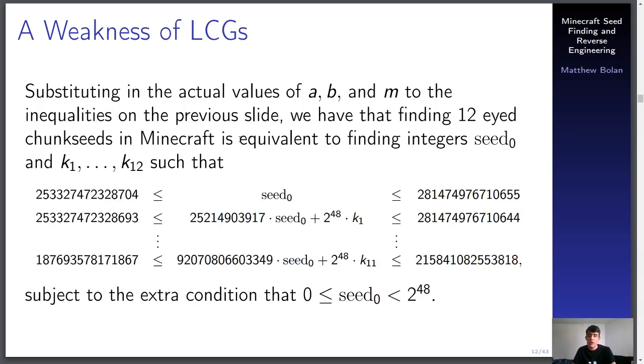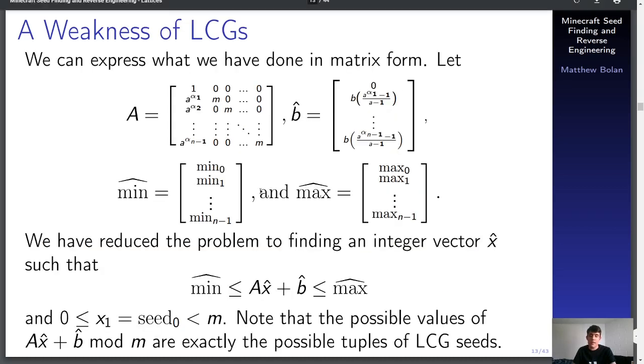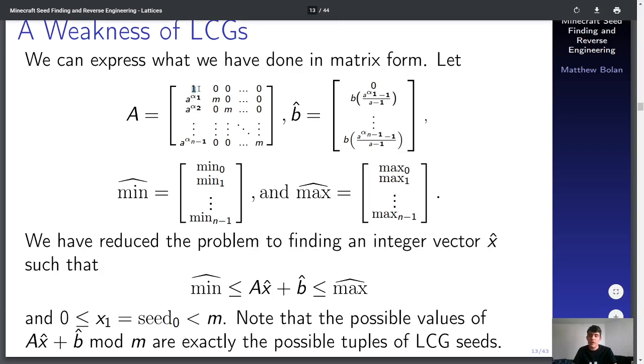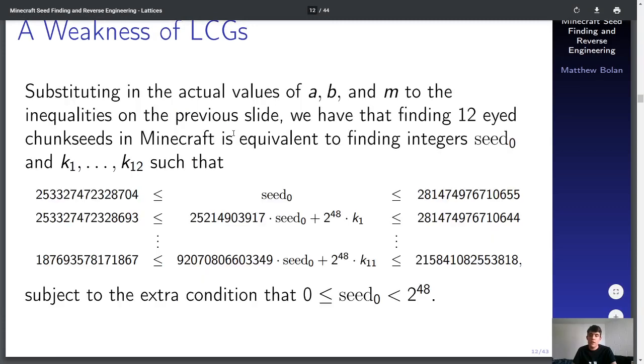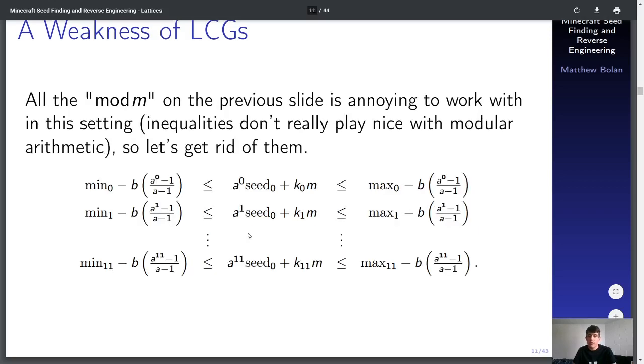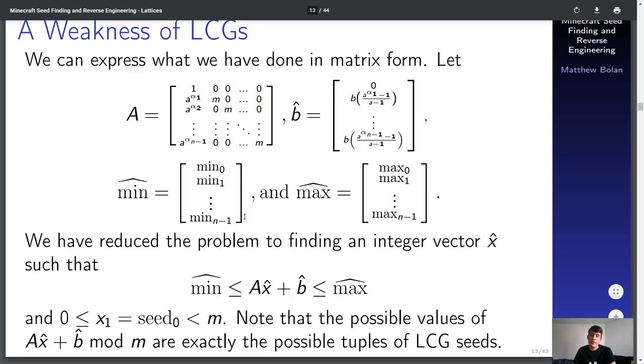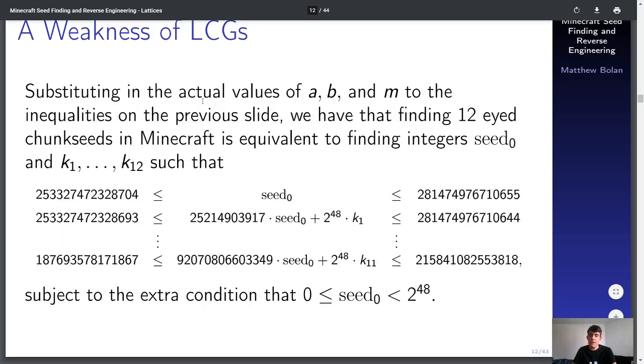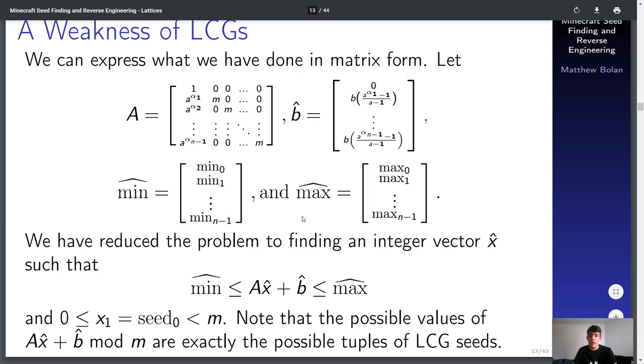So if you look, there's a coefficient of 1 on this seed 0. That corresponds with a coefficient of 1 down here in A. There's a coefficient of A to the alpha 1 here. Because we're working in general here, we still have to use this alpha notation. But there's that coefficient on C. And now on K1, which is our next variable, we have a coefficient of M, or 2 to the 48, and that corresponds there.